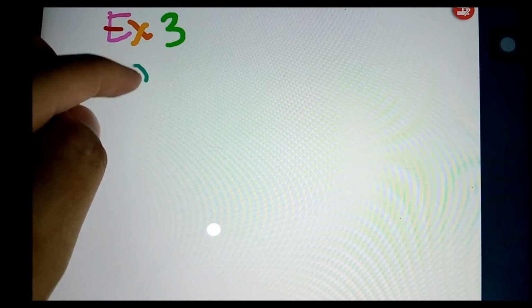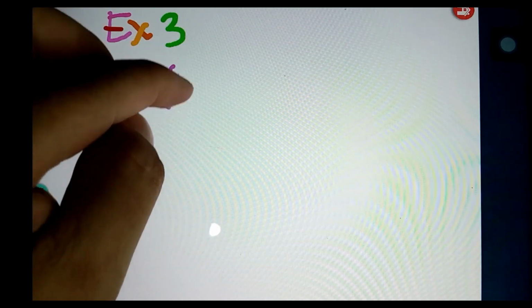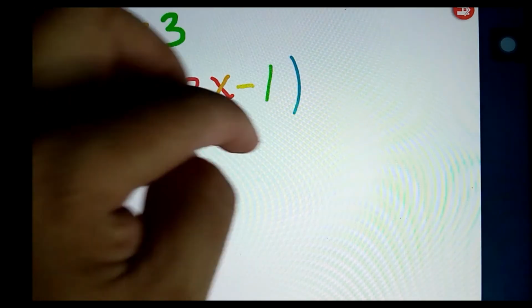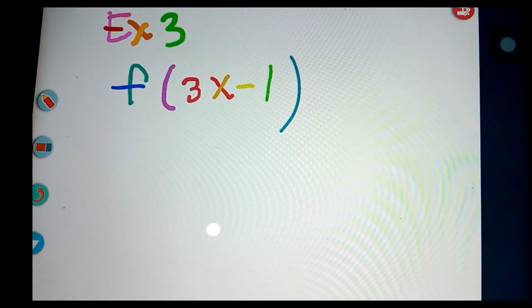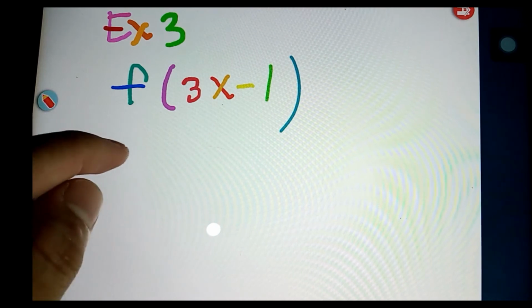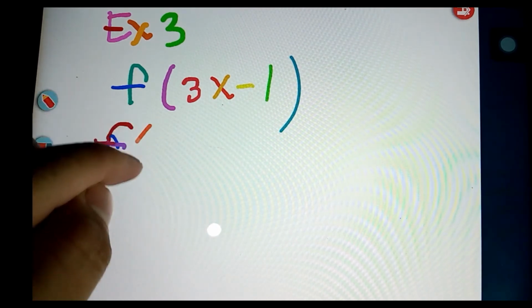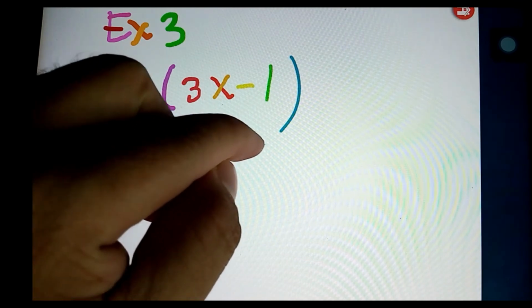So the function f is 3x minus 1, for the given f before. Our given f from example 1 is 2x minus 1.